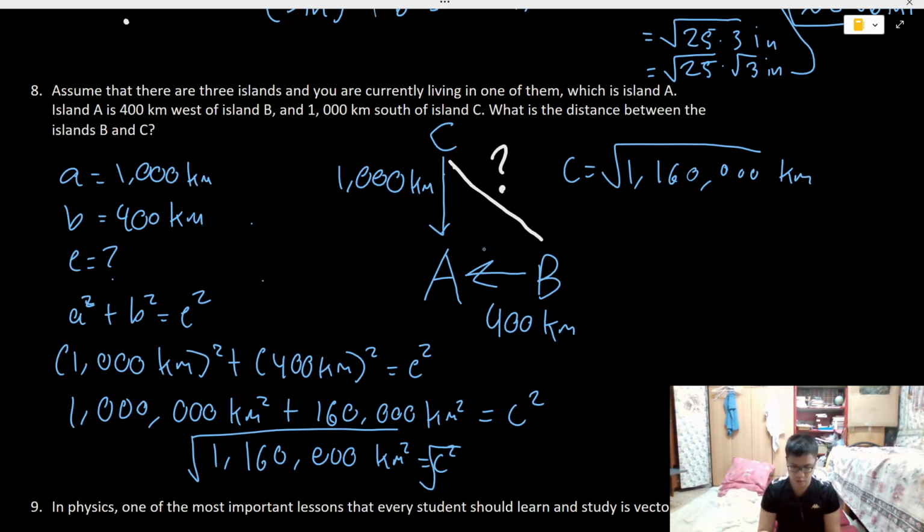So 1,160,000 is approximately 1,077.03 kilometers.